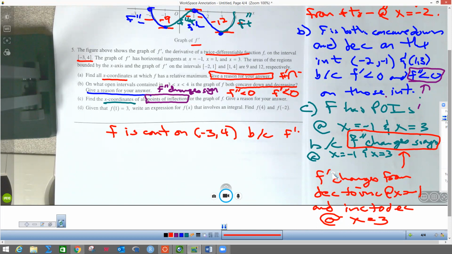They prefer this one to that because this is the graph of F prime, but they have always taken both of these in the past.